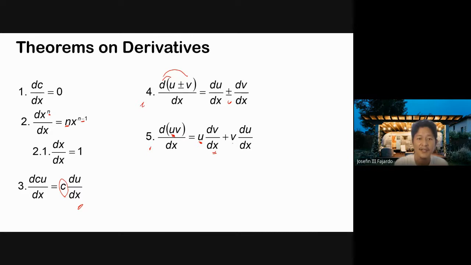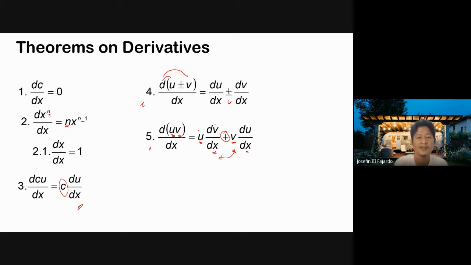And then we copy the second factor, kopya ulit, and then derivative ng unang factor. Take note that there is a plus here. So pwede mo siyang ma-interchange, walang problema. So pwede unahin mo yung second derivative ng first. Pero notice, nagpapalit yung derivative at saka yung factor ha, hindi yung same. Kunwari, factor na to, derivative din niya. Hindi. Yung factor na yon derivative nung kabilang factor. Okay?